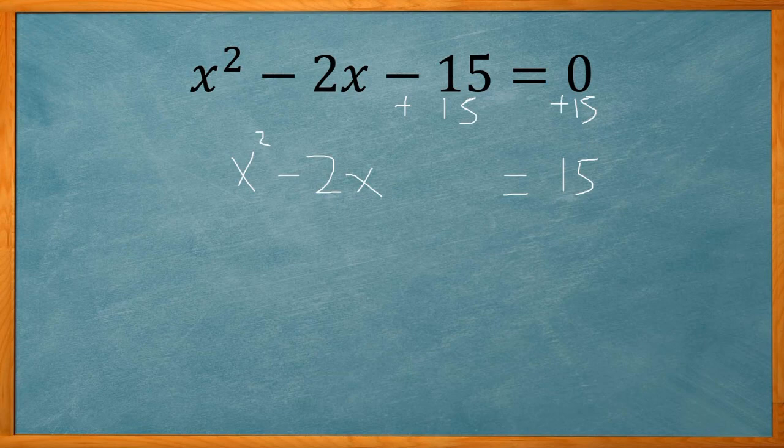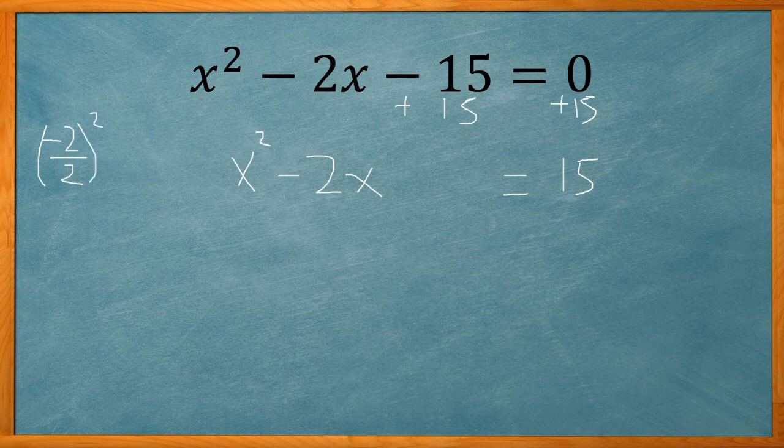Okay, so here on the left hand side, I want to make this a perfect square. In order to do that, I take the coefficient of the x term. In this case, it's negative 2. I'm going to divide that by 2, and then I'm going to square the result.